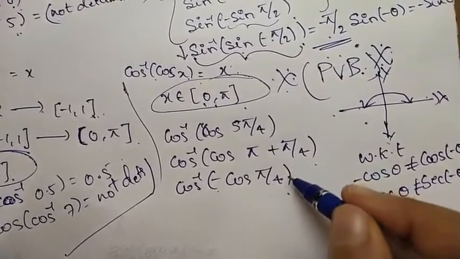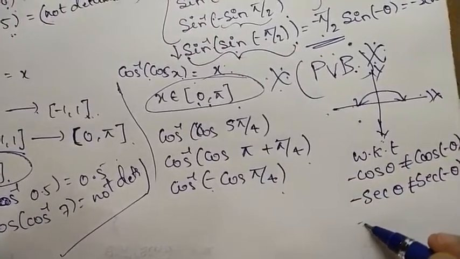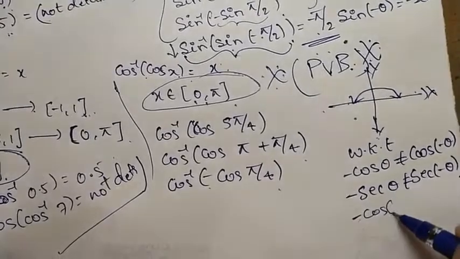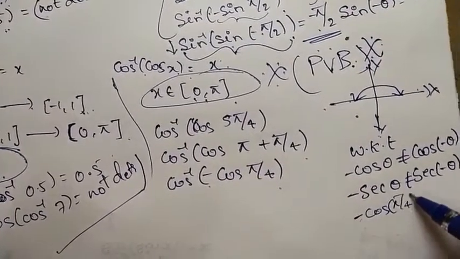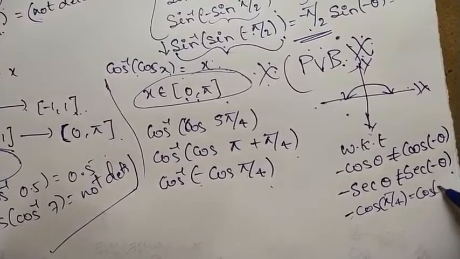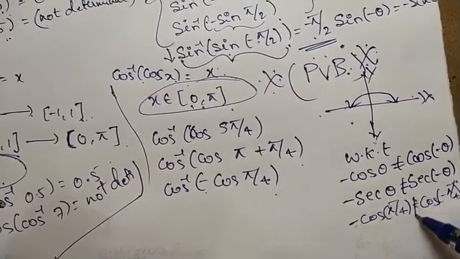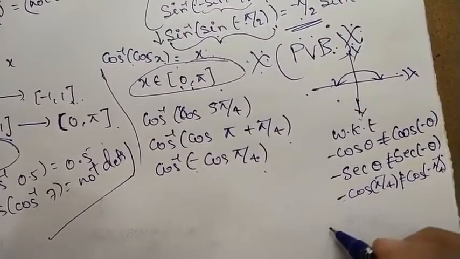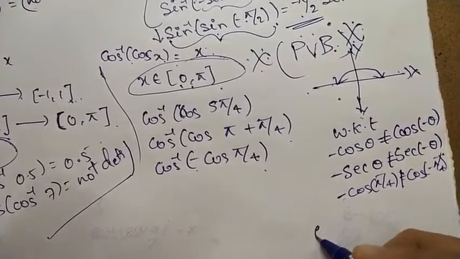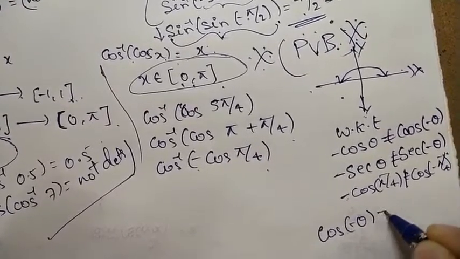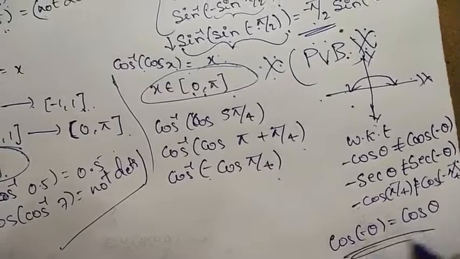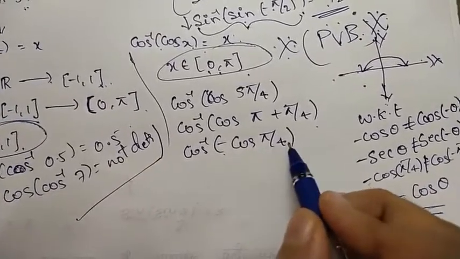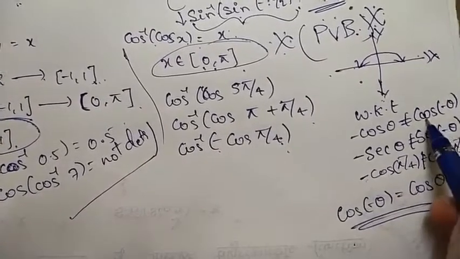Some people make the mistake of writing minus cos pi by 4 as cos of minus pi by 4, which is not at all equal, because cos of minus theta is equal to cos theta itself. So here, minus cos pi by 4, I can't write as cos of minus theta.